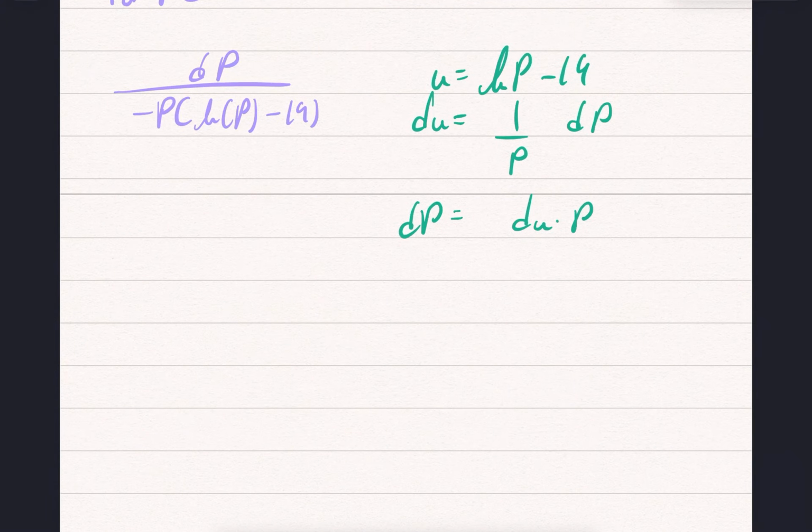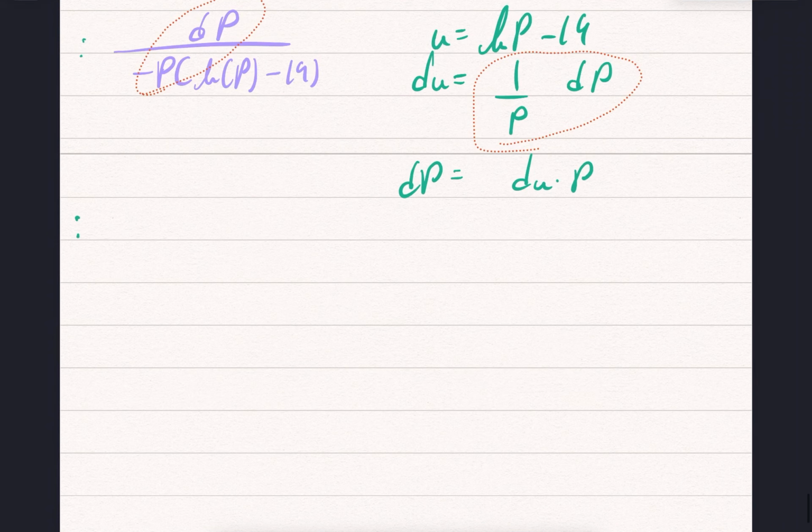Continuing on, you can kind of just see this, I saw this in a video, you see how this is dp over 1p, right? I just find the substitution weird, so I'm not going to do that.